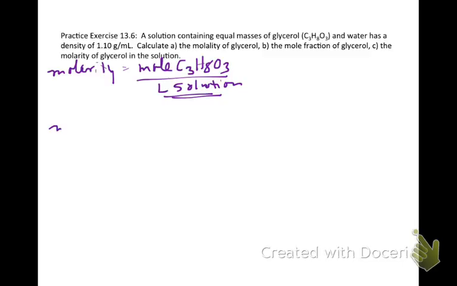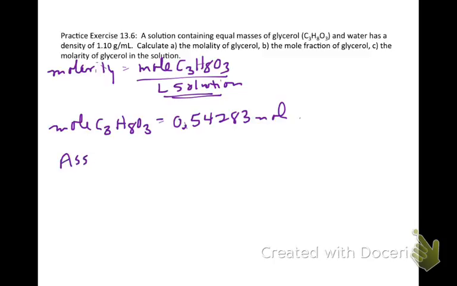Okay, well, I know my moles of my glycerol is the 0.54283 moles. Liters of solution. How might I get the volume of the solution? Well, if you remember, we assumed that we had 100 grams of the solution. We're given a density.